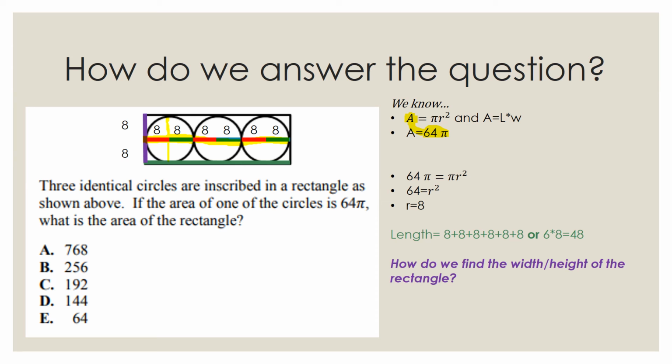So each piece will be 8 or 16 for the whole length. So we can now say that we know the length, we know the width. We found this here to be 48. So we can take 48 times 16, which is 768, and we can get our answer.